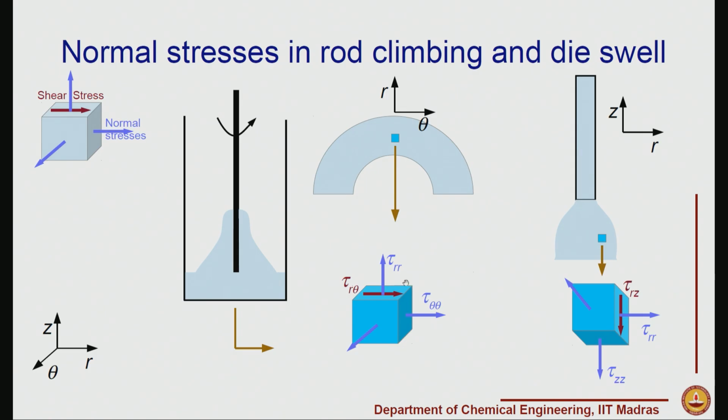Now, one difference we can see in these two cases is this difference between tau r r and tau theta theta in this case is in this direction, but we have confined the fluid based on this wall, and the result of this will end up with this fluid rising here, while in this case the result of this normal stress difference is in terms of having the fluid swell in the radial direction, while in this case the fluid actually ends up climbing in the z direction.